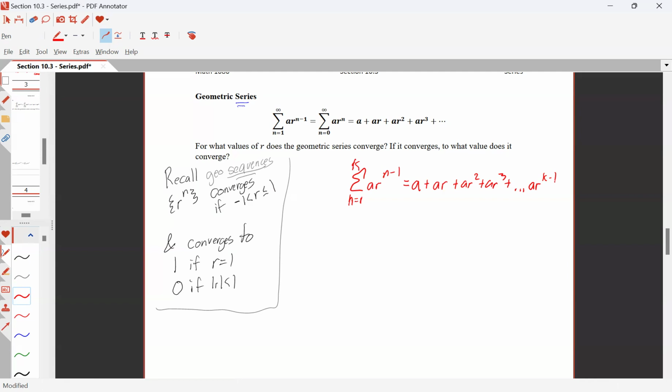And now, because we have this common ratio, we're actually going to look at another sequence. That sequence is going to be where I multiply by r. So I'm going to take my series and multiply it by r.